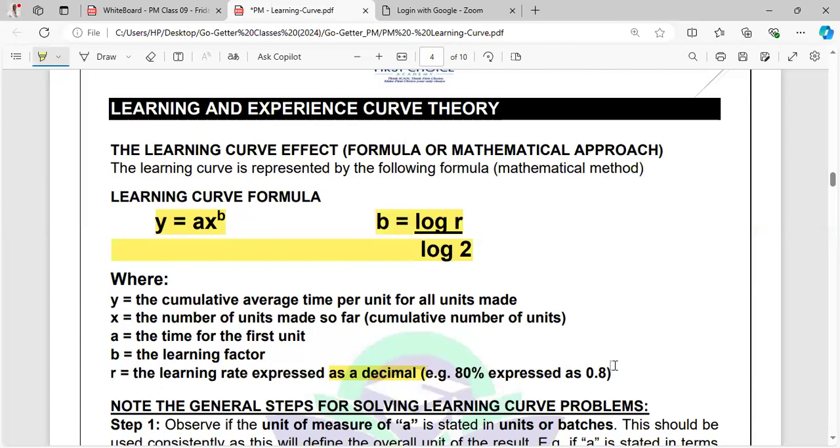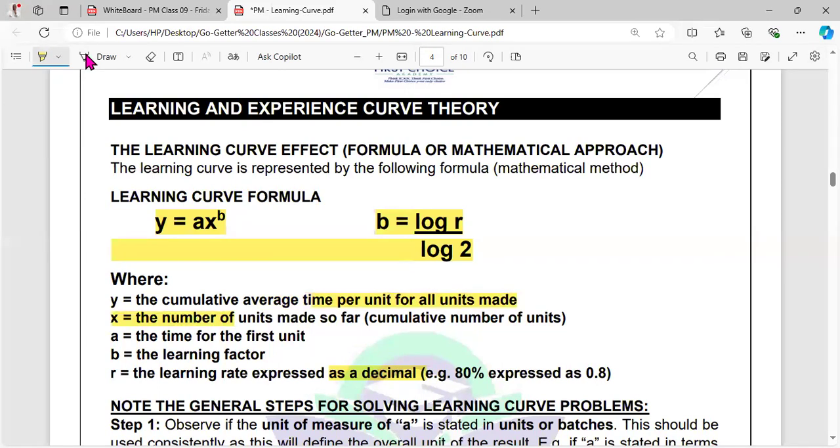And when we say X is 10, it means that from unit 1 down to unit 10, that is what we call X. Then Y is the cumulative average time. And I could also say average costs. So we can use either average time or average costs.